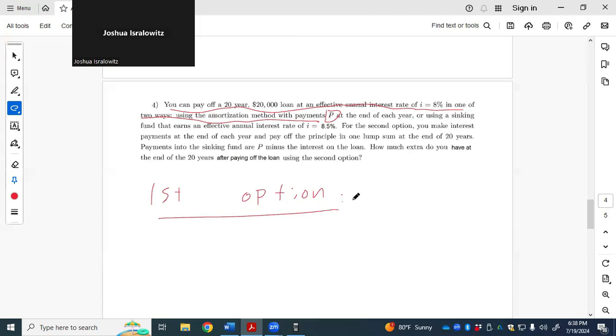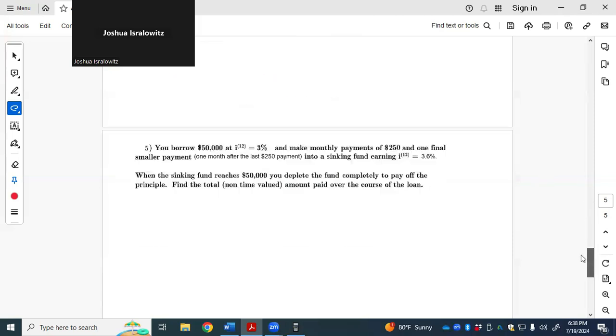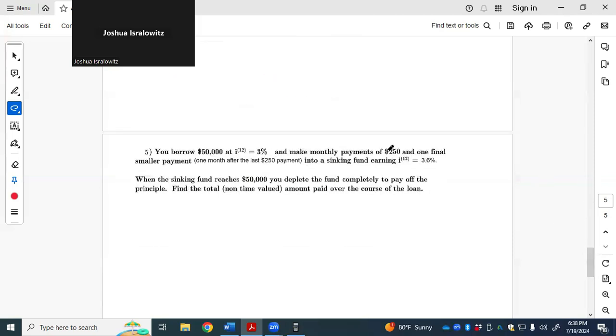I do check these before I put this up. So if I tell you you're going to have extra, you are going to have extra, and if you don't have extra, you did this wrong. Or like in the next one, and a lot of people did this, I was really surprised. If I tell you that you have one final smaller payment, you're going to have one final smaller payment.